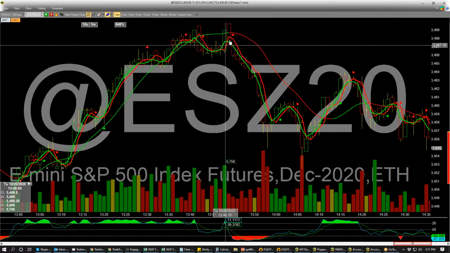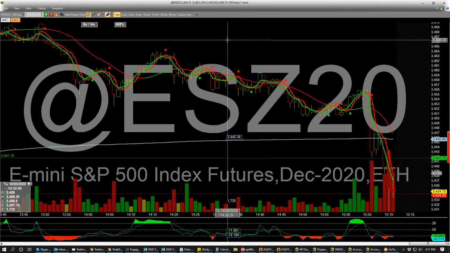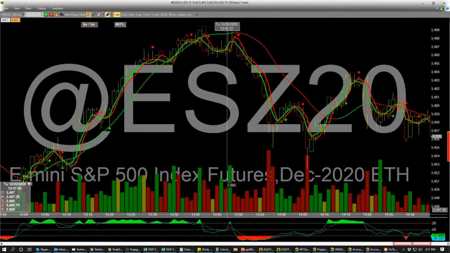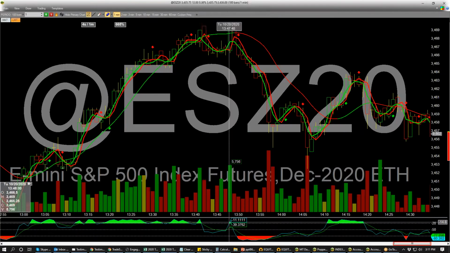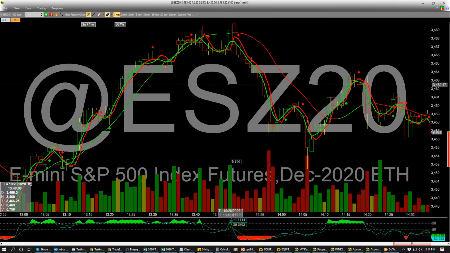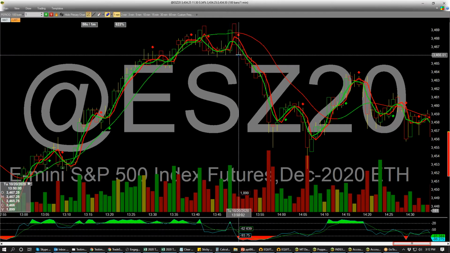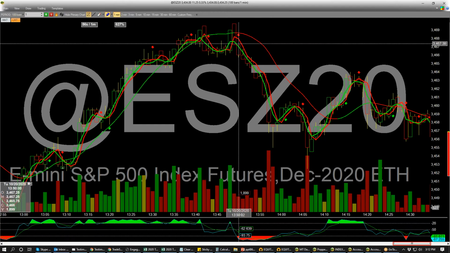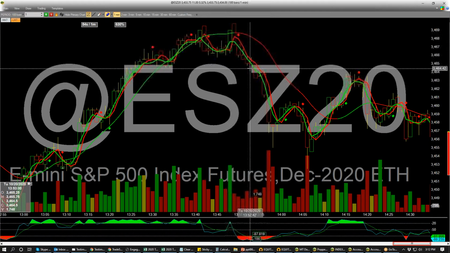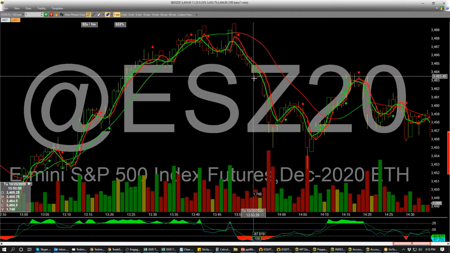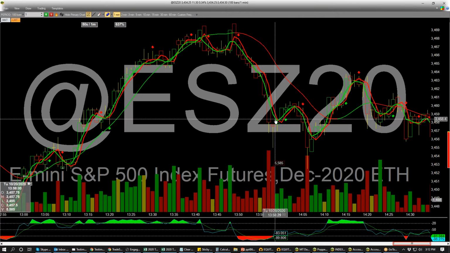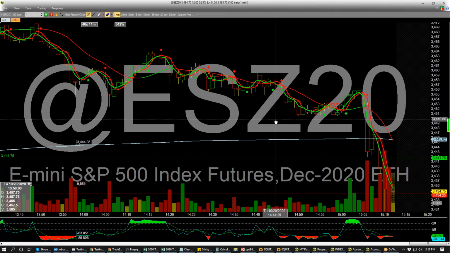We tested that peak one more time, got slightly overbought. You can see RSI, actually that's Williams, but you can see we were overbought. And then I shorted at 3467.50, and ended up picking up 10 points on the S&P futures on that trade.